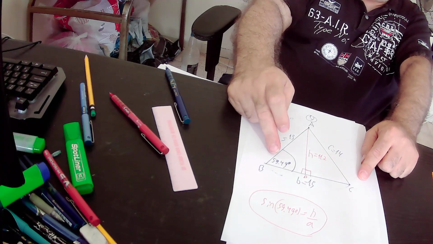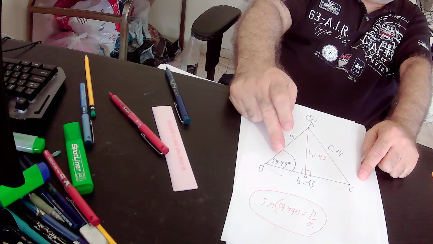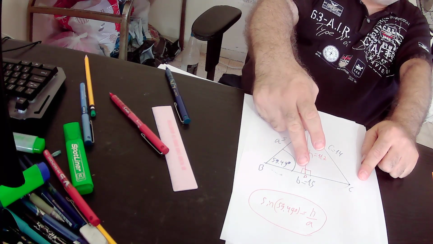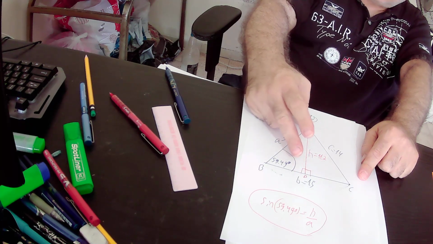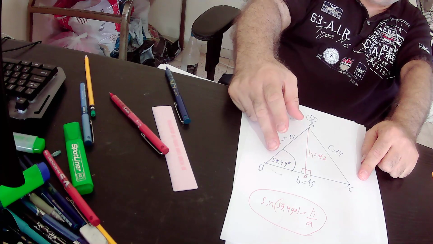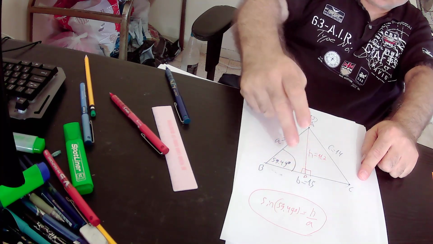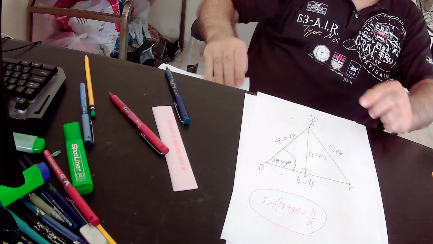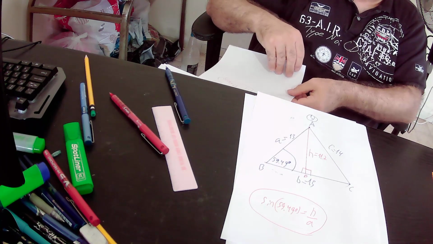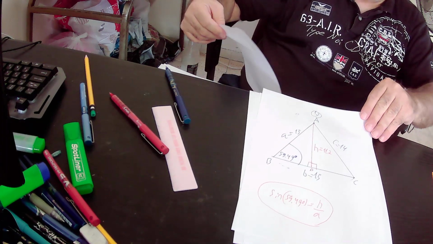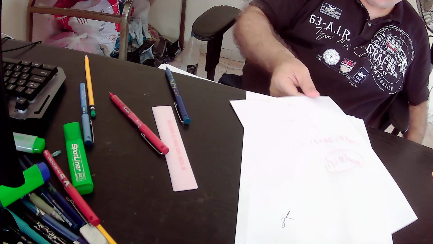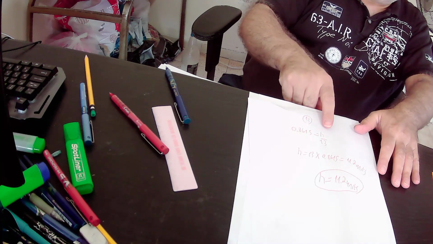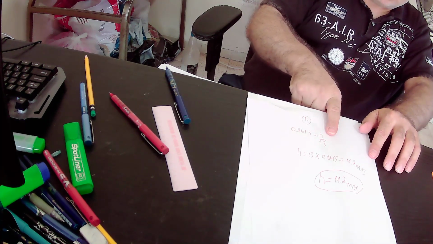And we know that sine theta equals the side in front of theta over the hypotenuse, so sine of 59.49 degrees equals h over a, and the value of sine 59.49 degrees is actually 0.8615, and we know that a equals 13.